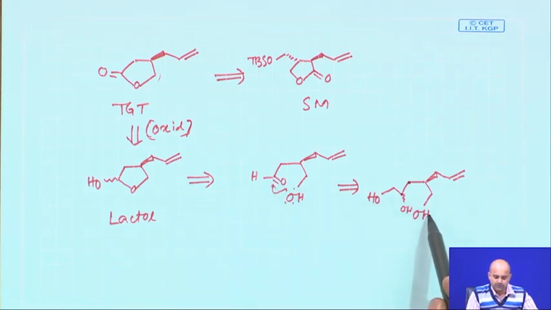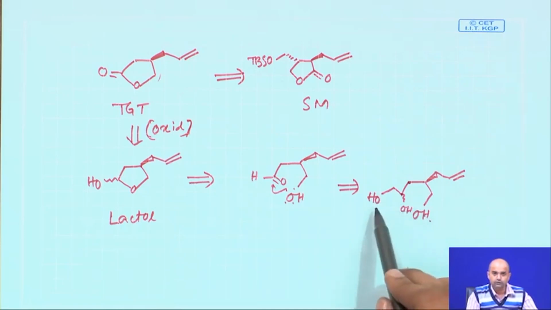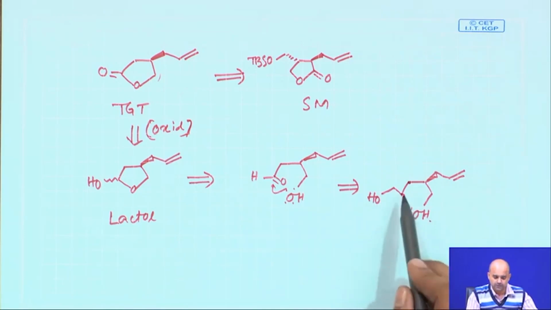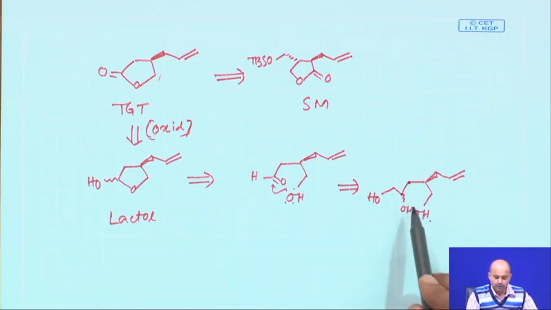Now, there are 3 hydroxy groups, this is the isolated primary one, this is 1,2. Normally for this Lemieux-Johnson oxidative cleavage only 1,2-dihydroxy compounds are cleaved. Now, why have we drawn this intermediate?